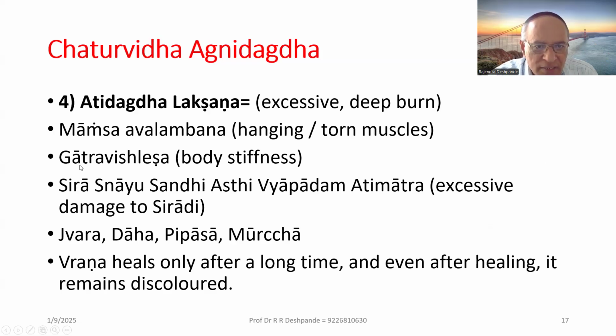Then here you can see the gatra vislesh, body stiffness will be there. Sira, snayu, sandhi, asthi, vyapadam, atimatrata. So excessive damage. Vyapada means damage to these particular organs. Sira means blood vessels. Snayu, tendons, sandhi, bony joints, and asthi.